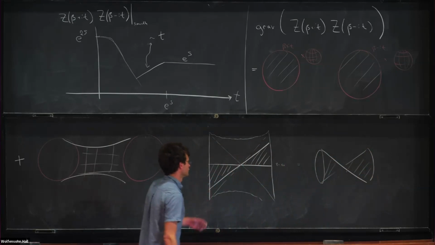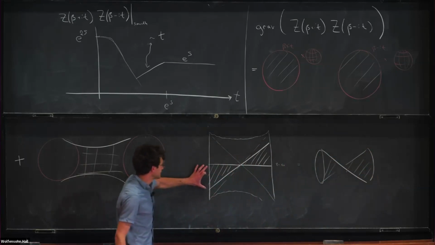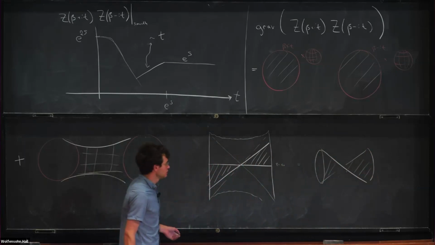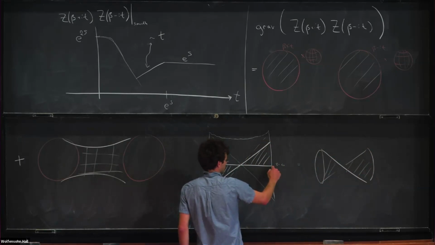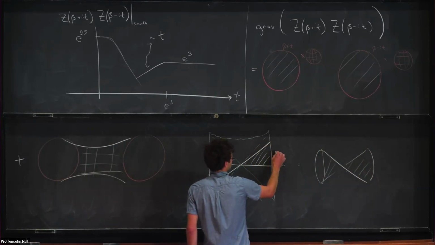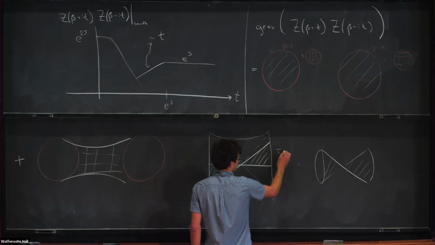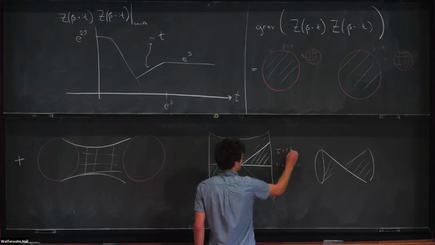And the boundaries of the cones, let's see what time interval is associated to the boundaries of the cones. So let's do this side here. Between 0 and t, we have some interval of time that is t. So this is like an interval of imaginary time that is equal to i times t.